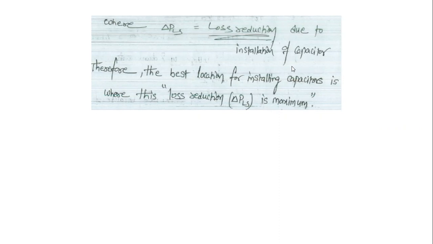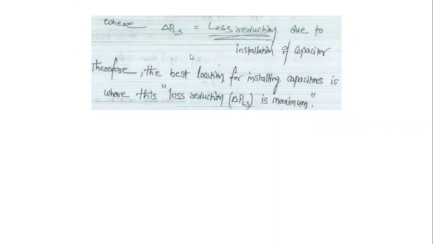When we connect capacitors to the system, how the system losses and power losses are reduced is all calculated from this. That is the loss reduction due to the installation of the capacitor.